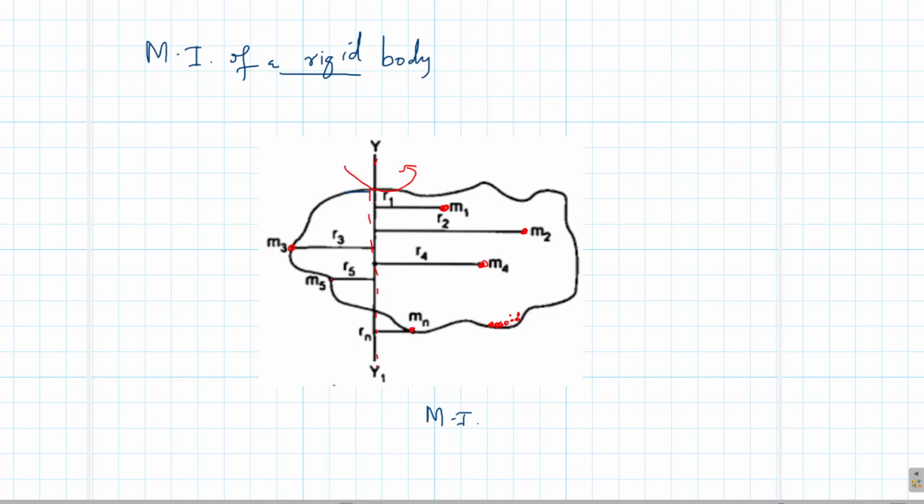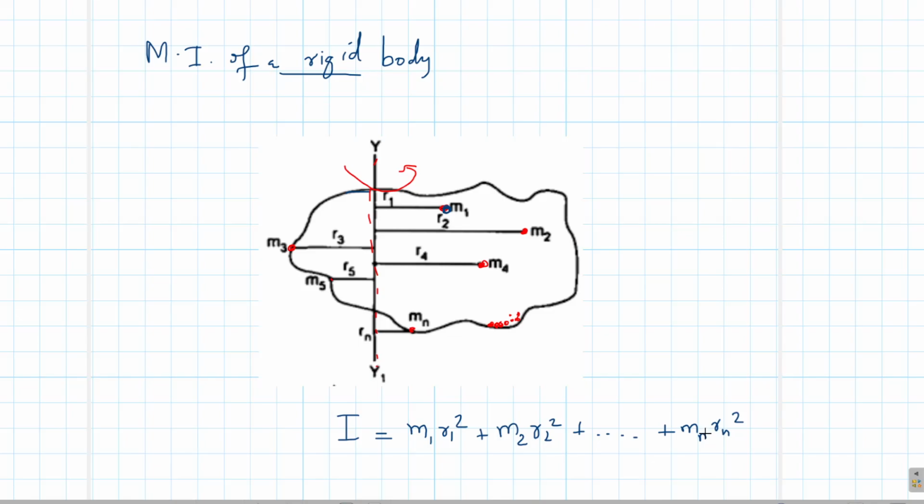Then the moment of inertia of the whole body, I, is equal to m1 r1 square, the moment of inertia of the first particle, plus the moment of inertia due to the second particle, and so on, and finally the moment of inertia due to the nth particle.